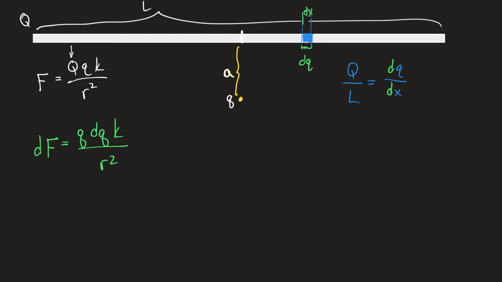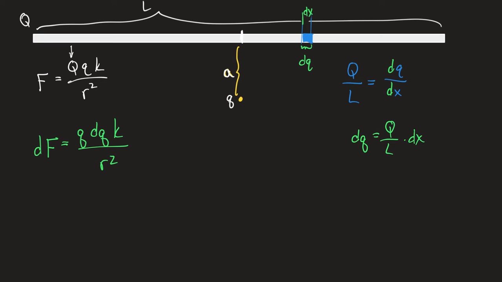And do we know anything about its charge? In this case, we do. We know that the amount of charge there is equivalent to the ratio of the total charge to total length, the charge density, times how much of the charge we're looking at, how wide the piece is. We are specifically solving for dq.